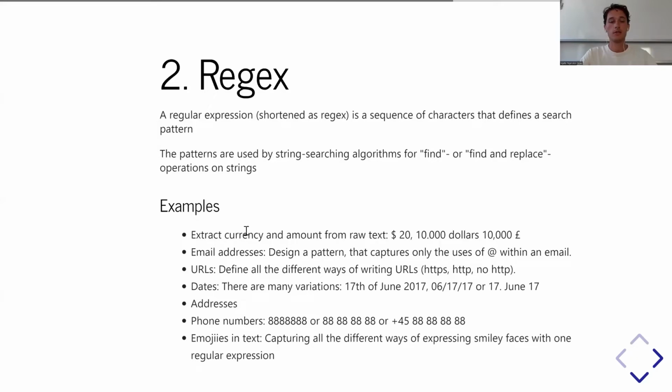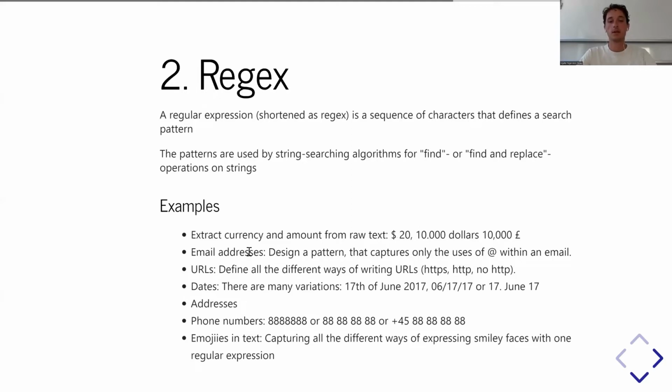So what all these things have in common is that they have some kind of pattern or structure that tells the reader or the string searching algorithm what kind of text it is.